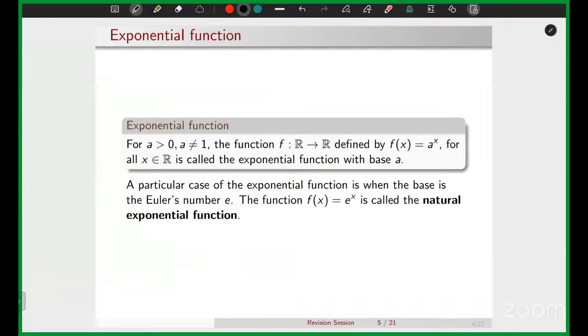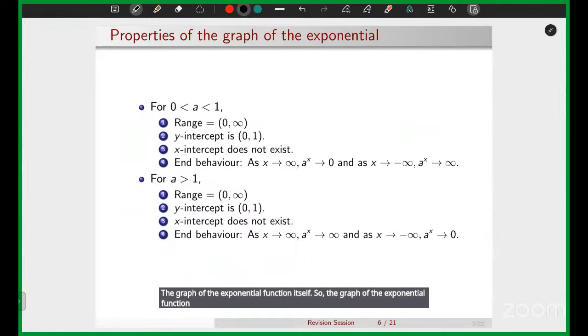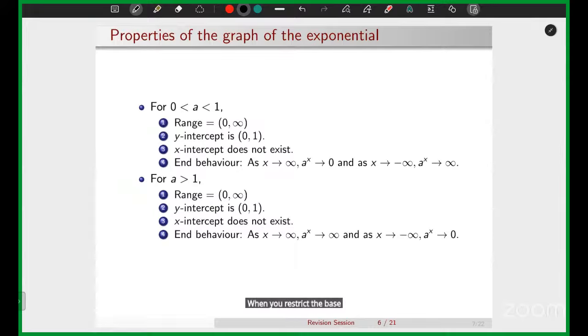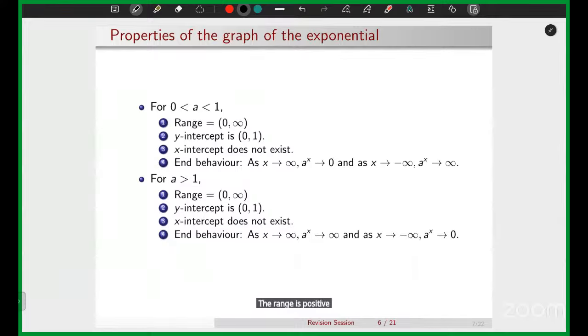And yeah, so now properties of the exponential function, of the graph or of the exponential function itself. So the graph of the exponential function behaves differently when you restrict the base to these two intervals. So when the base is between 0 and 1, the range is positive. The y-intercept is 0, 1. So let's draw the graph.